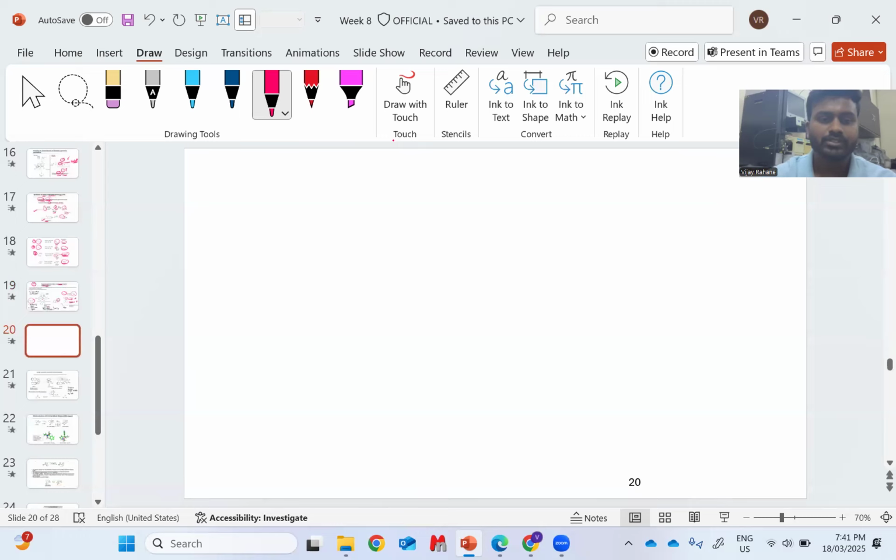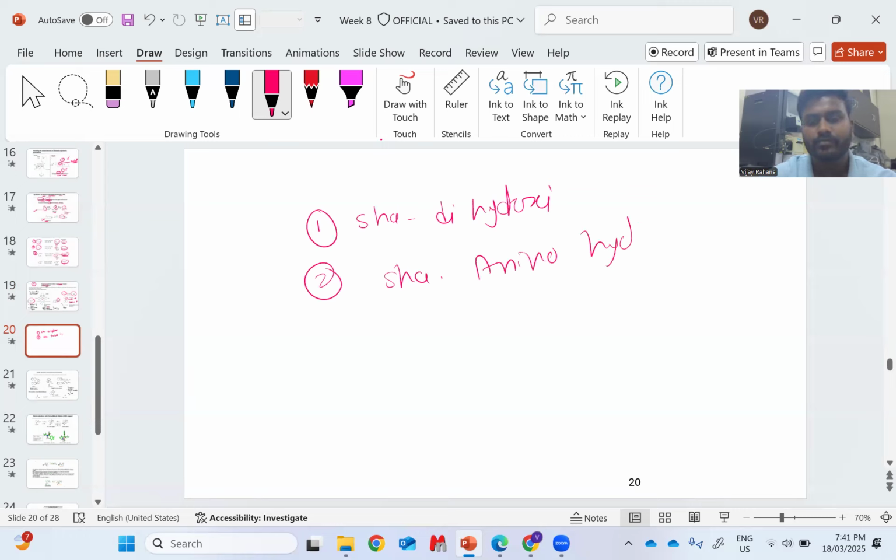So these were some epoxidation or oxidation reactions. The first one we have seen is the Sharpless dihydroxylation. The second we have seen is the Sharpless aminohydroxylation. The third we have seen is the Sharpless asymmetric epoxidation.